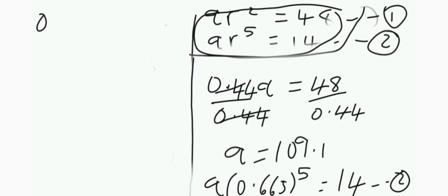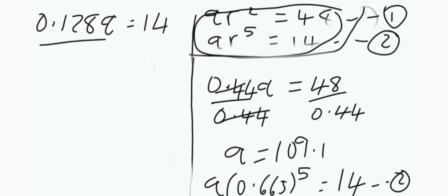So what will that give us? 0.128. Okay, A times 0.128 equals 14. So if you multiply 0.663 five times, it will give us 0.128. A times 0.128 equals 14, so we're going to divide both sides by 0.128.